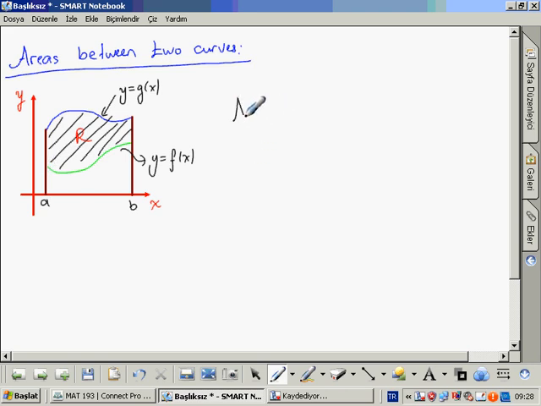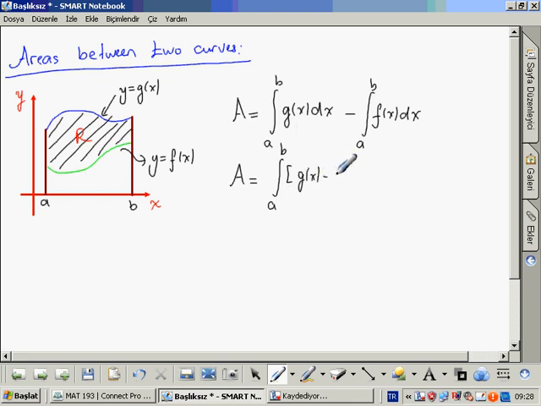formula, and let me write it. Area, our region's area, equals the integral from a to b of g of x dx minus the integral from a to b of f of x dx, so the area equals the integral from a to b of g of x minus f of x dx.